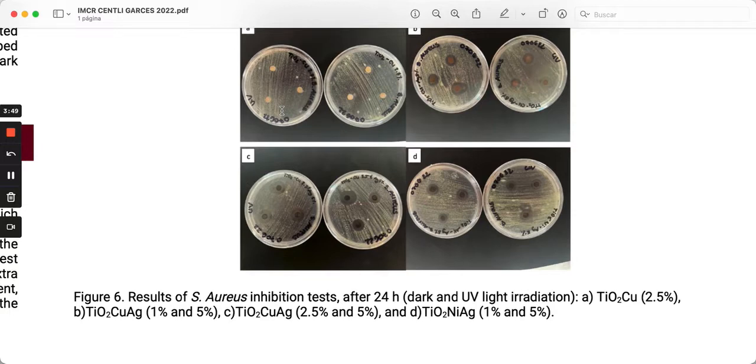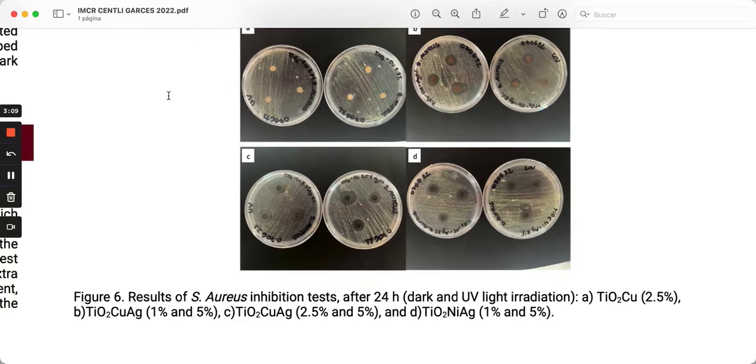Then one of these Petri dishes of each catalyst was irradiated with UV light, and the other was left non-irradiated. It can be seen that inhibition halos were obtained in all of the samples analyzed, which indicates that all the catalysts have antimicrobial activity to a greater or lesser extent.